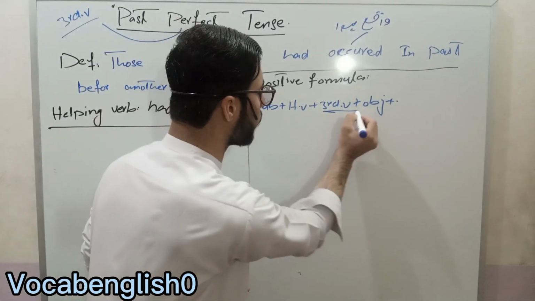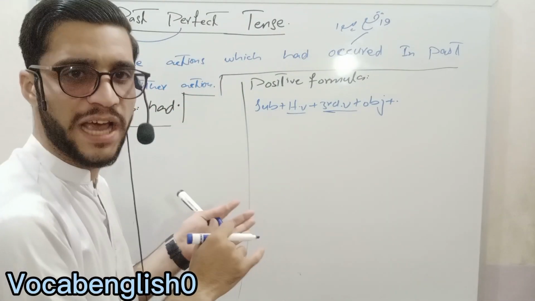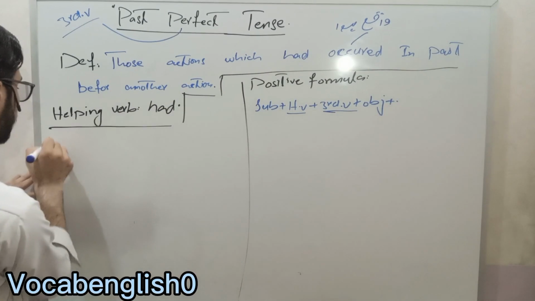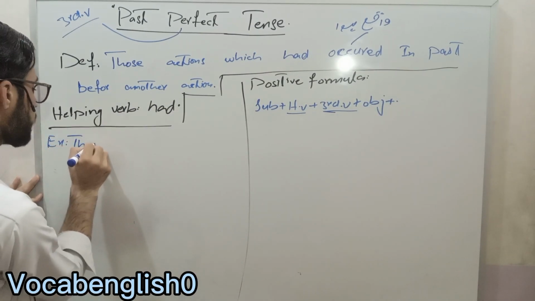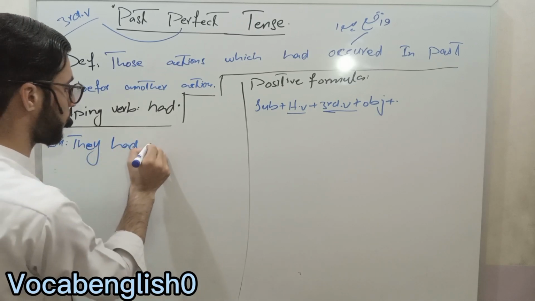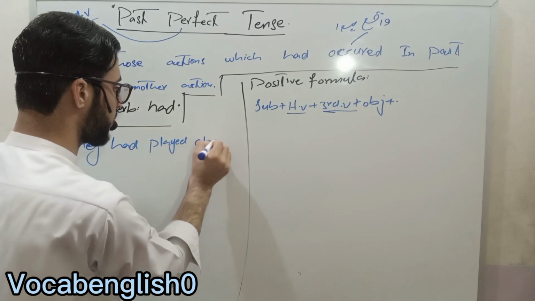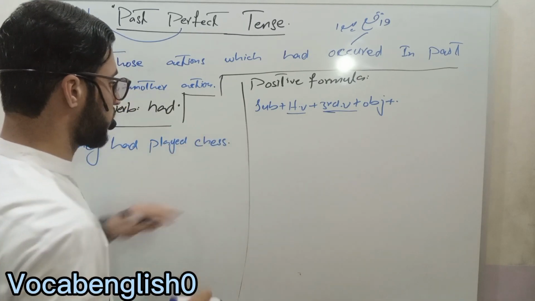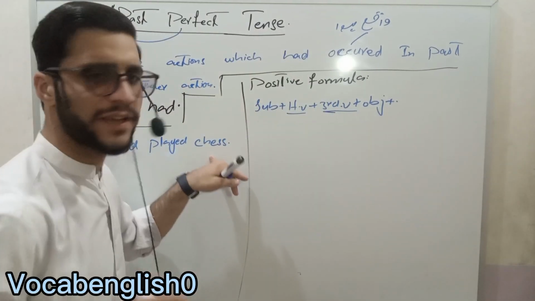We are using third form verb after helping verb. Now in sentence I will explain to you people. They had played chess. Chess is a kind of game.